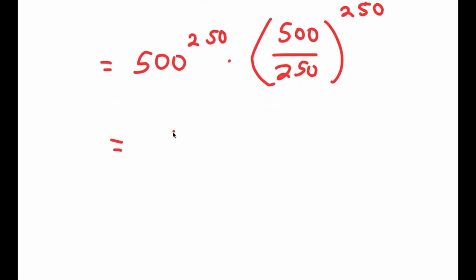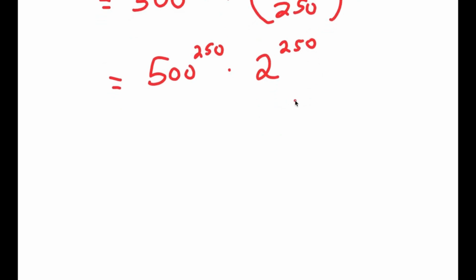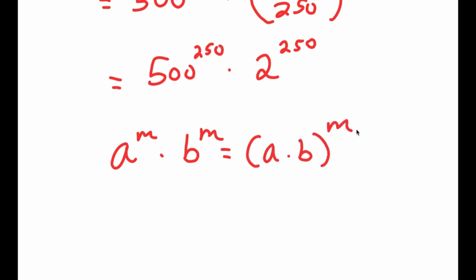Now, this is equal to 500 to the power of 250 times 2 to the power of 250. And if I have something in the form a to the power of m times b to the power of m, this is equal to a times b to the power of m.